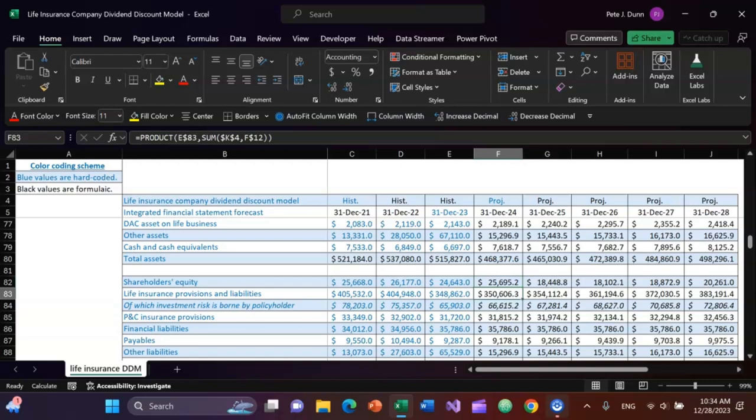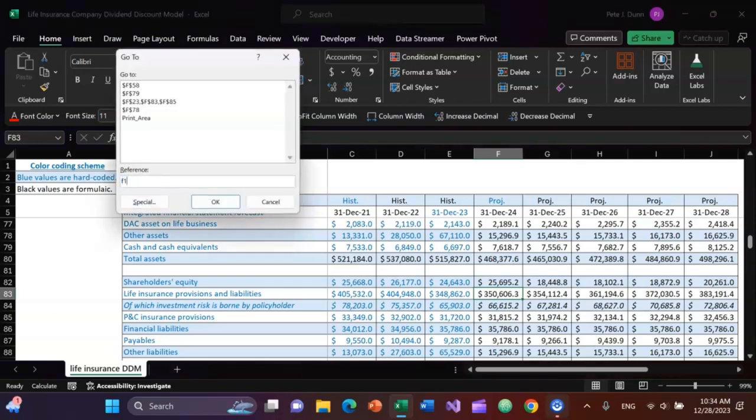Life insurance provisions are just a product of row 83, which is last period's row 83. So last period's life insurance provisions times the sum of 1 plus the assumption in row 12.